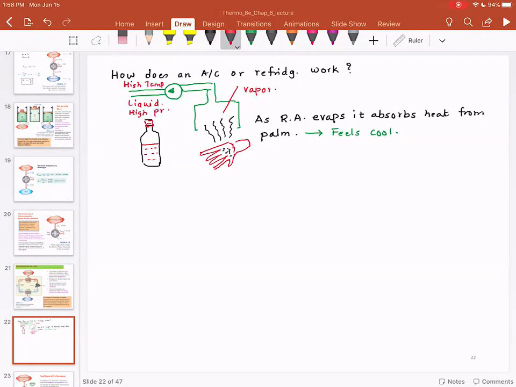What I'm going to do is, I'm going to pass this through a condenser coil, some sort of coil that would cool down the liquid. So this is called the condenser. And then once I have the liquid that goes through the condenser, the pressure will be high, okay, but the temperature will be low.